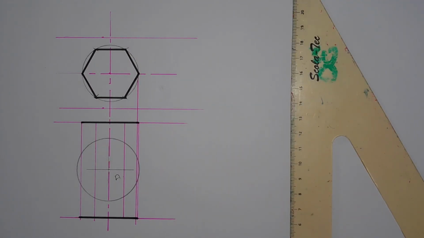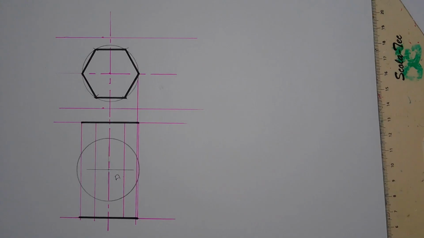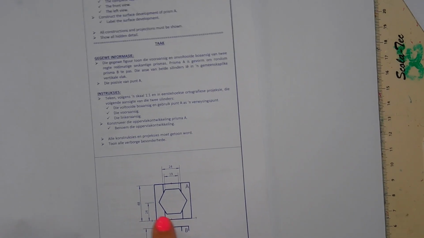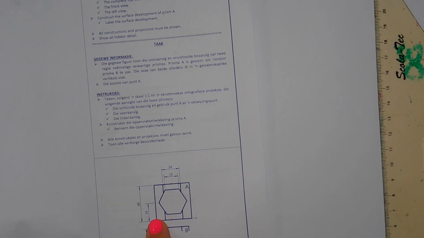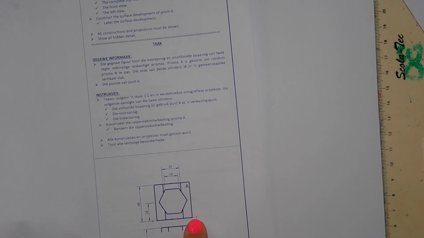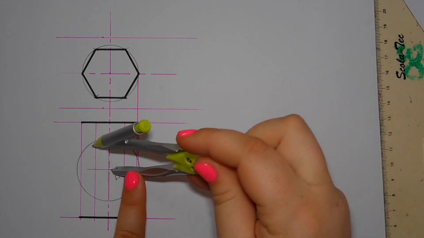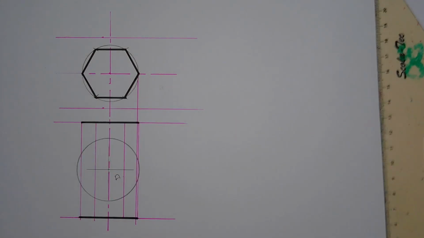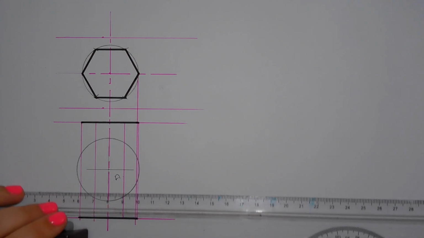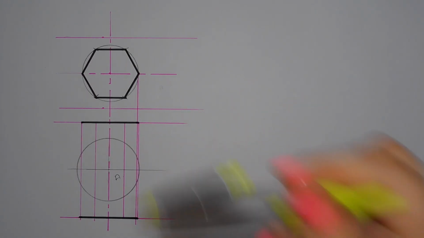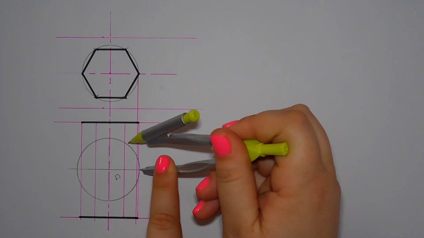So your circle needs to stick over a little bit like this. Something went wrong with mine. Okay. So again, I need to see three sides of the hexagon, which means that the point of the hexagon needs to be on the horizontal line. So still with 24 on my compass, I'm just checking. I'm going to put my sharp point where my center line and the circle cross.